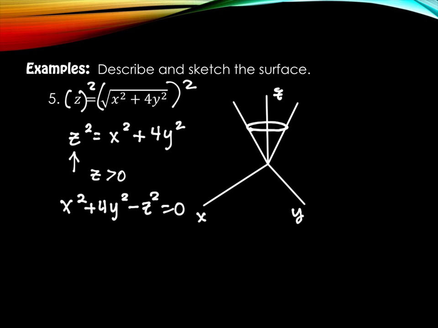And then the form for these actually had only coefficients of 1, so I can divide everything by 4. This would be x squared over 4 plus y squared over 1 minus z squared over 4. There we go. And so you can see that it's extending differently along each of the axes, but there's no good way to draw that. But this would be our standard form of it.